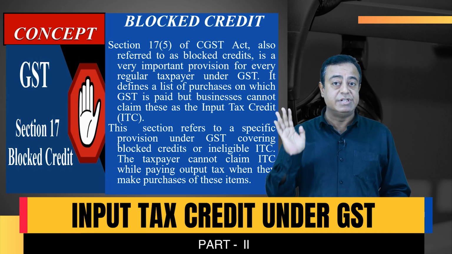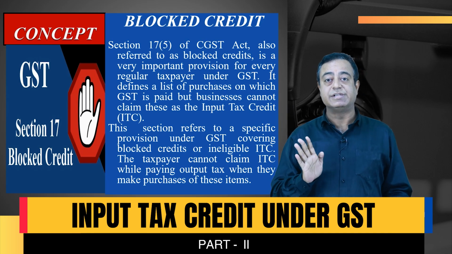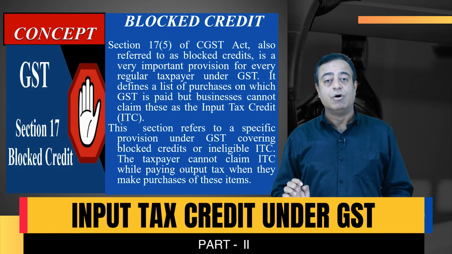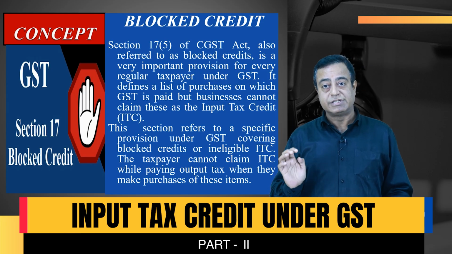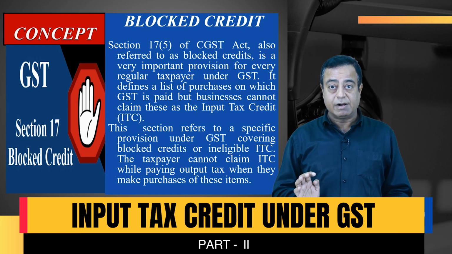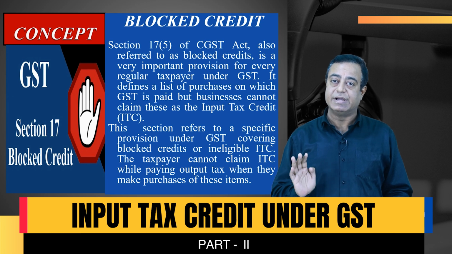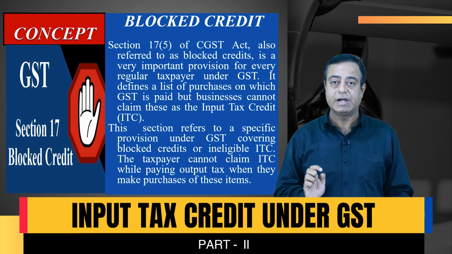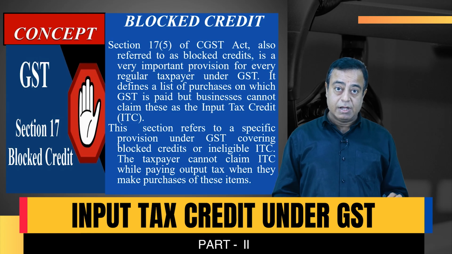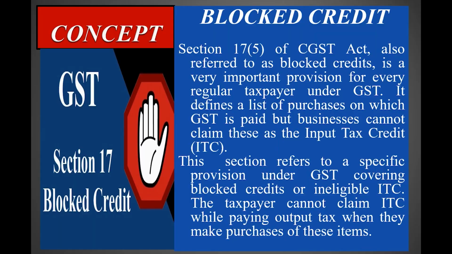Remember, we are purchasing these goods and services, we are paying for them, but the ITC claim is not possible. So, blocked credit means a particular amount of GST we already paid, but we cannot claim as ITC. Now, the major question: why do we have such provisions?